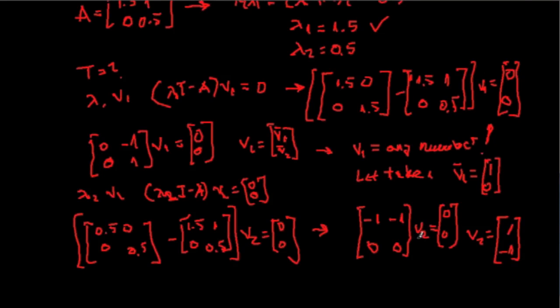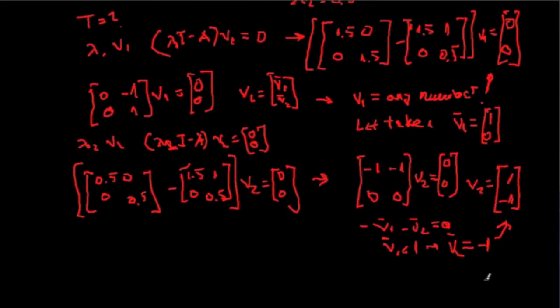Essentially, v1 hat and v2 hat can be anything, but here we have a relationship between v1 hat and v2 hat: they have to be in this form, v1 hat minus v2 hat equals 0. So if v1 hat is equal to 1, v2 hat has to be minus 1. That's how we got this expression. Again, it's a freedom. We could take any other number.